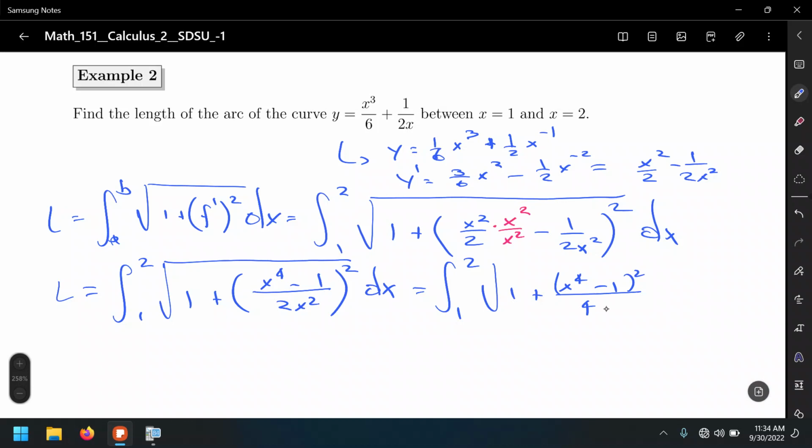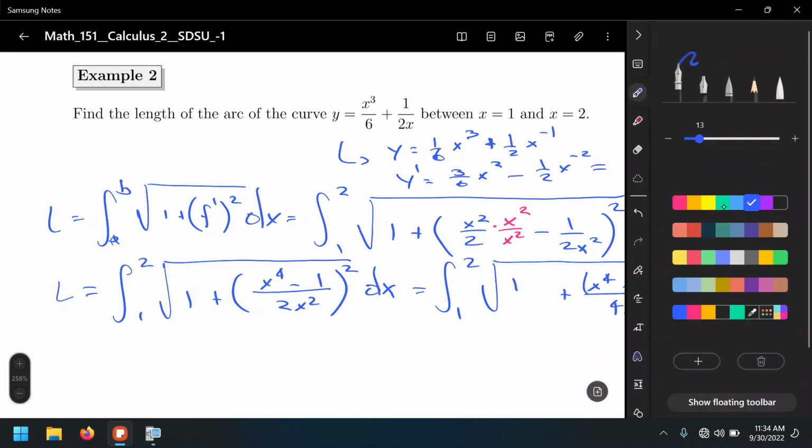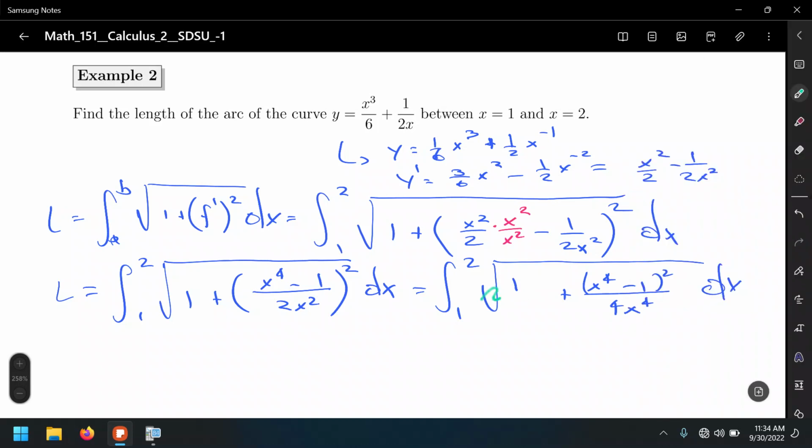Isn't that going to be 4x to the fourth? However, again, I need some space because I'm going to do a combination of fractions, with respect to x. So you can think of this 1 right here as 1 over 1, in order to do another combination of fractions.